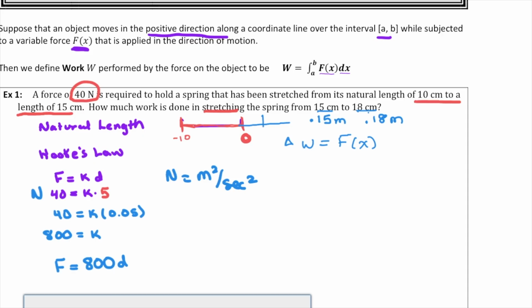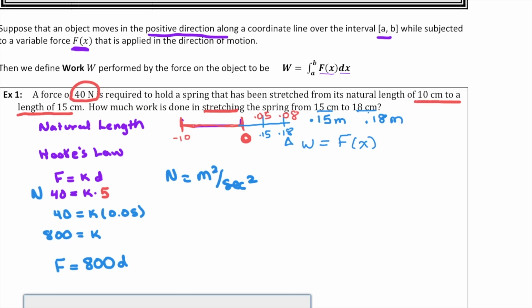And if we're going from 0.15 meters to 0.18 meters, we're going to have to adjust those numbers for our number line that we've drawn. And if we adjust those numbers, it's going to be 0.05 and 0.08 when we think about our number line.